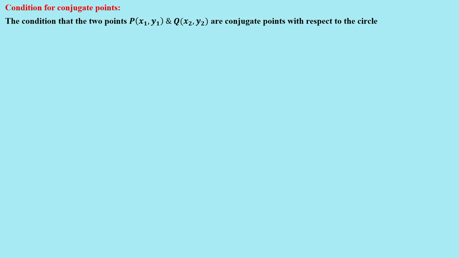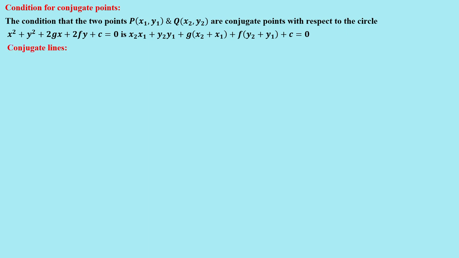Condition for the conjugate points: the condition for two points P(x1, y1) and Q(x2, y2) to be conjugate points with respect to the circle x² + y² + 2gx + 2fy + c = 0 is x1 x2 + y1 y2 + g(x1 + x2) + f(y1 + y2) + c = 0. That is the condition, right?